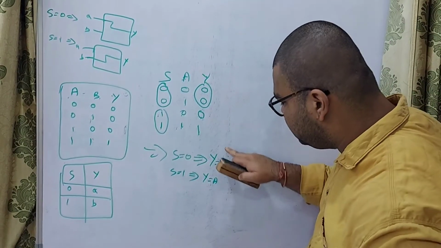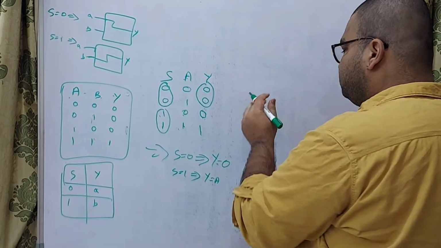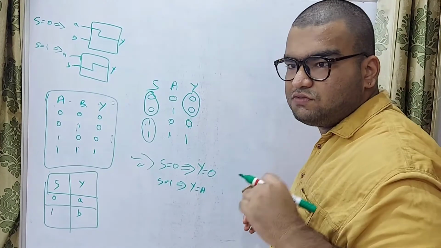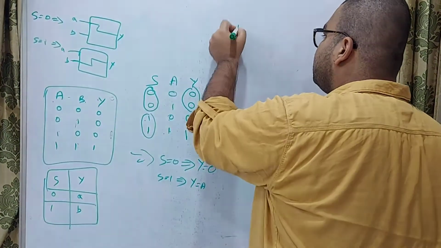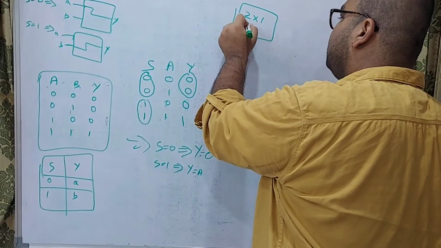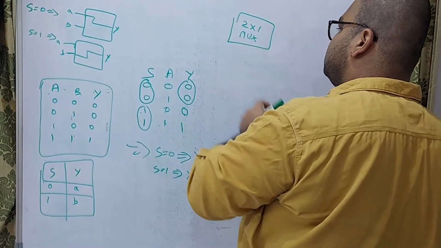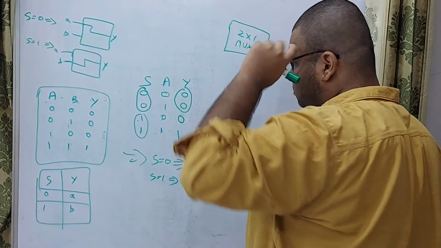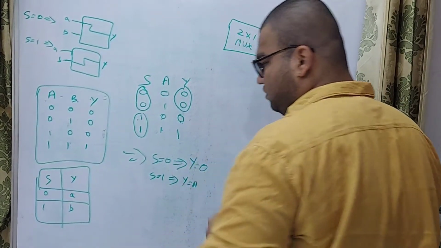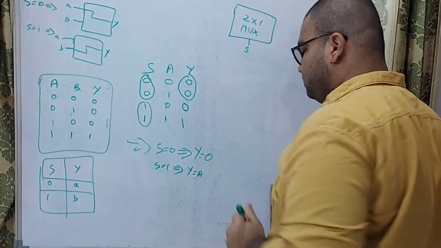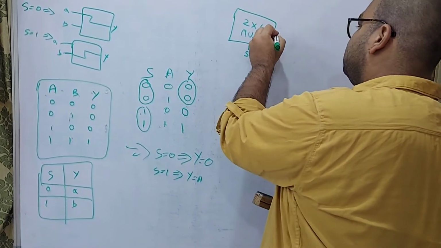Now based on these values, I am going to make small changes to the 2x1 MUX block diagram. So when S is 0, you can take this S. Output is also 0.